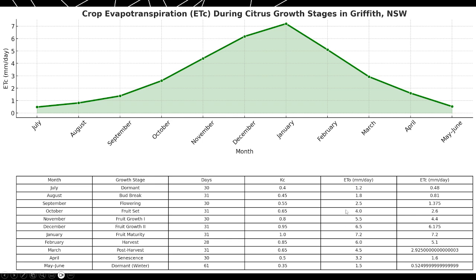Ironically, we have the larger reference evapotranspiration, so you see it increases all the way to 7.2. It's clear, I think, in the figure as well. And then when you do the harvest and the fruit is picked, this citrus, either orange, mandarin, or lemon, is quite juicy, so they consume a considerable amount of water.